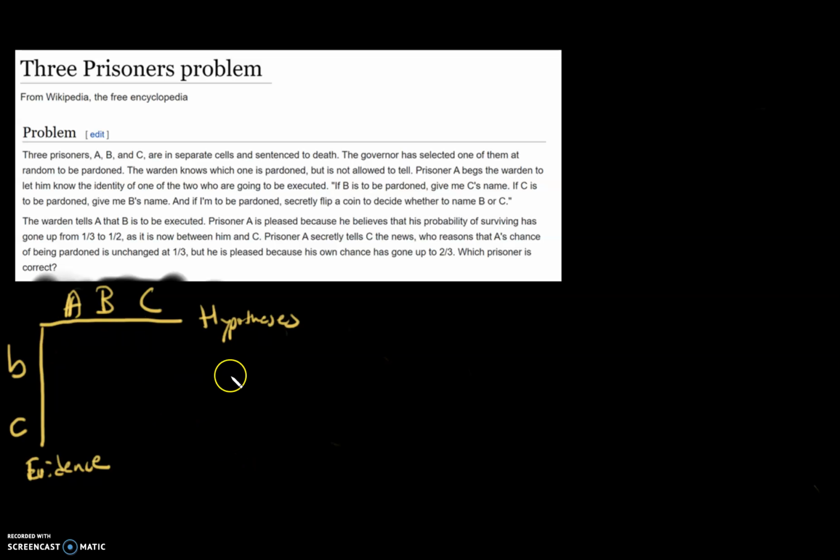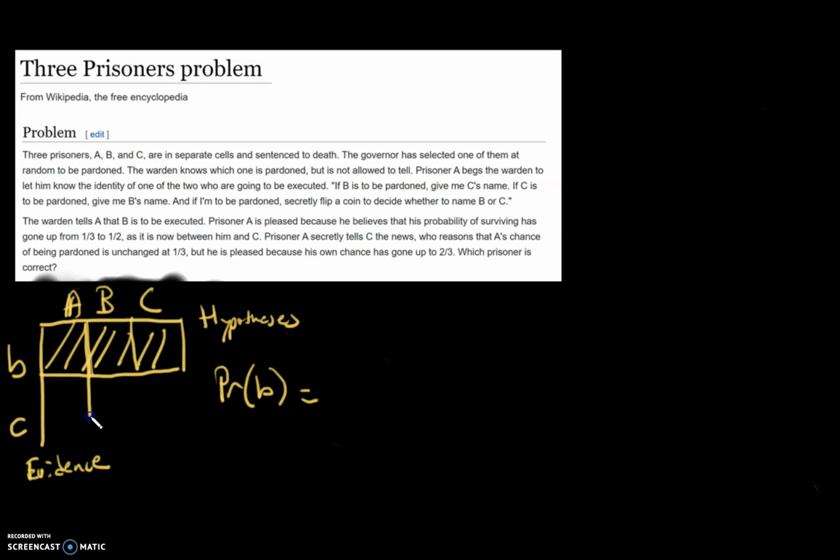Let's ask then the question, what's the probability that the warden would say B would be executed? Well, that's asking, what is this area right here? And notice that this area is actually made up of these 3 squares right here.